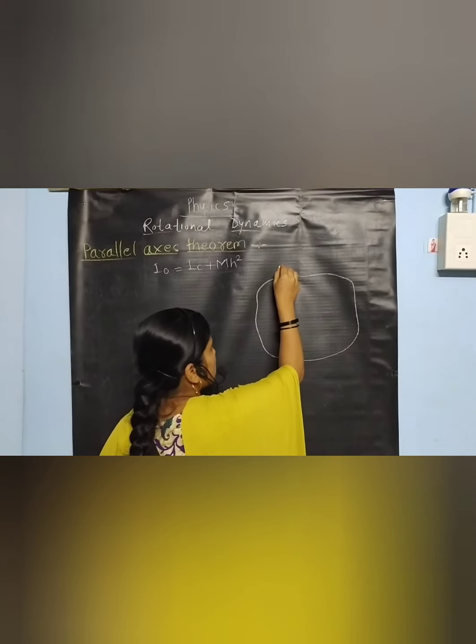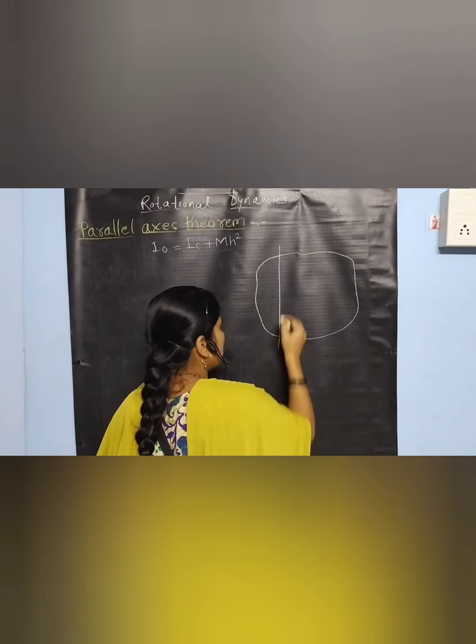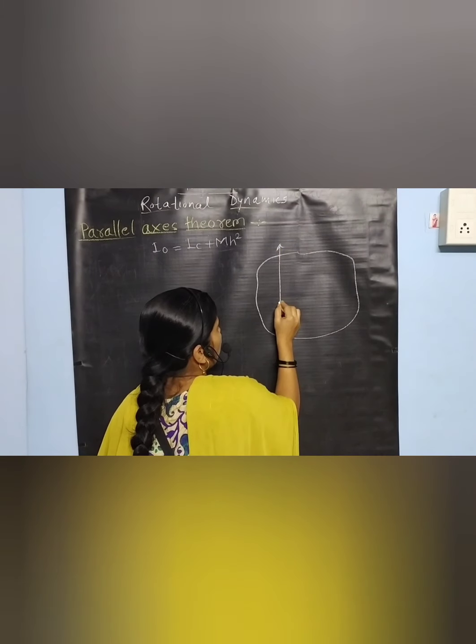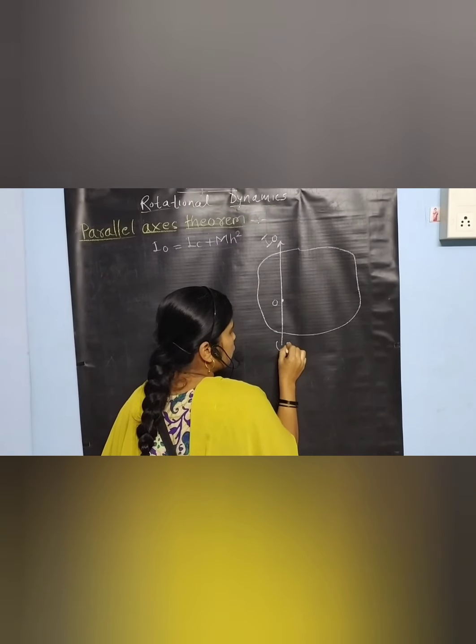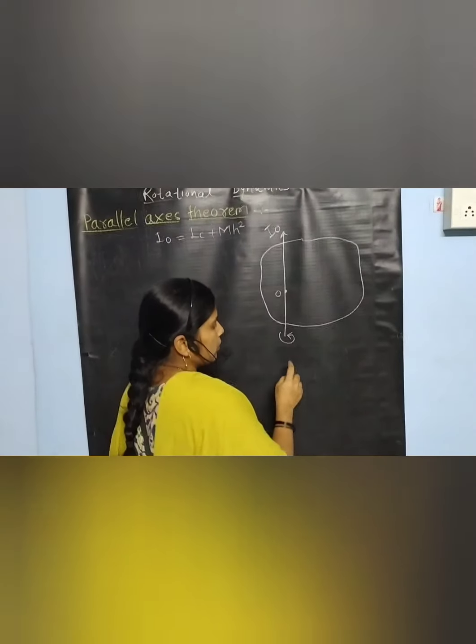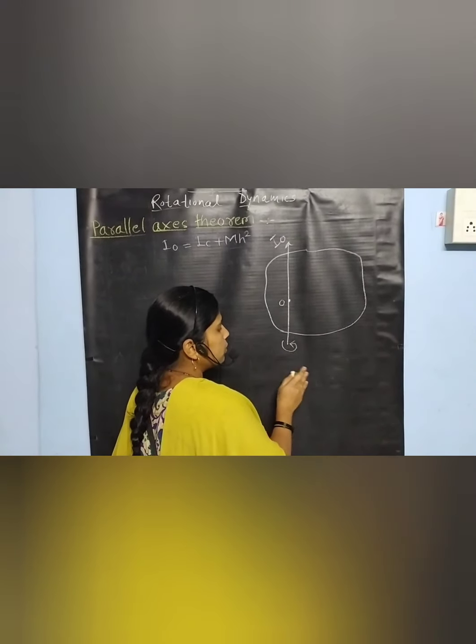We consider one axis of rotation passing through point O. Its moment of inertia is given by I_O, and it is rotating like this. This is the direction of rotation of the body.